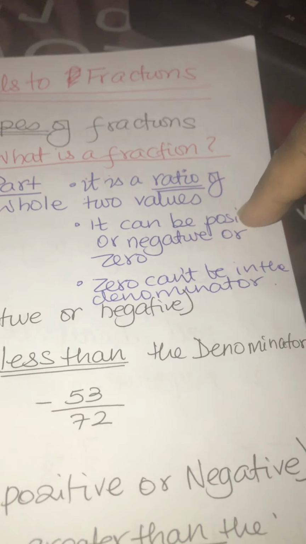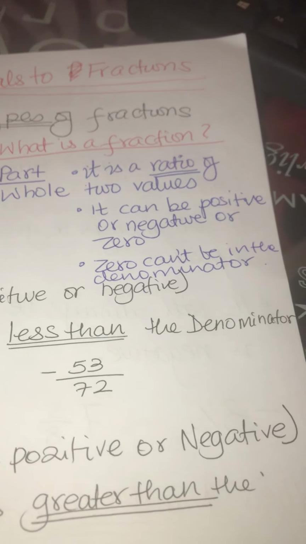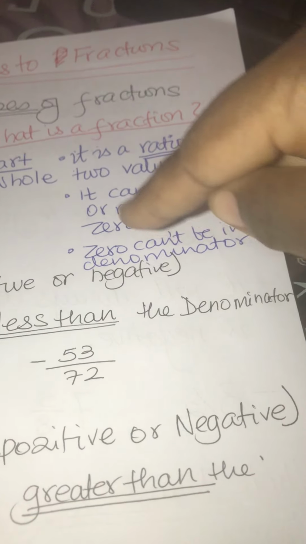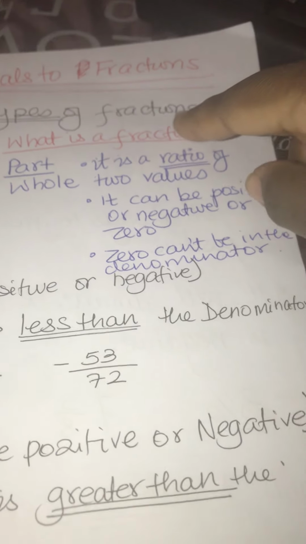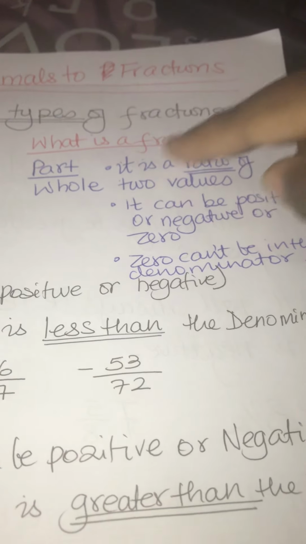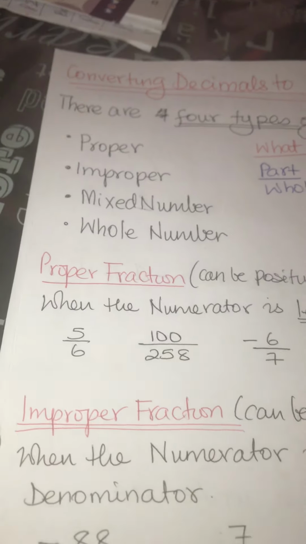Fractions can be positive or negative or 0. We remember from the beginning of the lesson that 0 cannot be in the denominator when you're writing a fraction. Remember that.